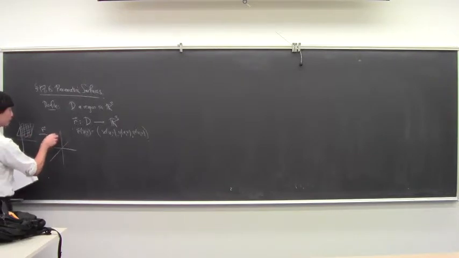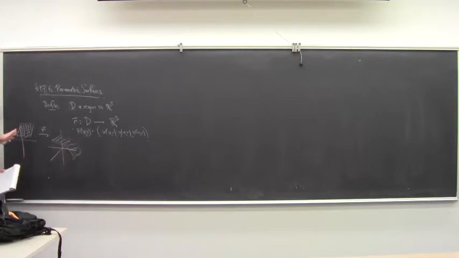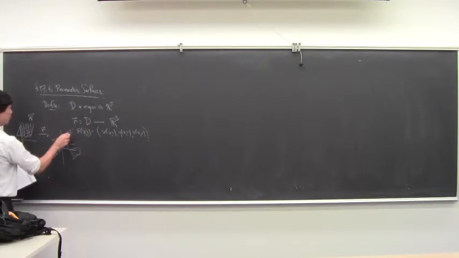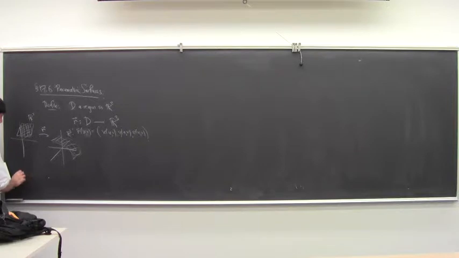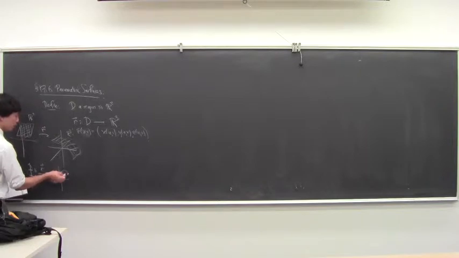Okay, and so you have this thing, and it turns into some sort of two-dimensional thing in R3. So here we are in R2, it maps into R3. Just like previously, how our parametric curves went from R1 into R2. You had some interval a, b here, and R mapped that into a curve, and this was the parametrized curve.